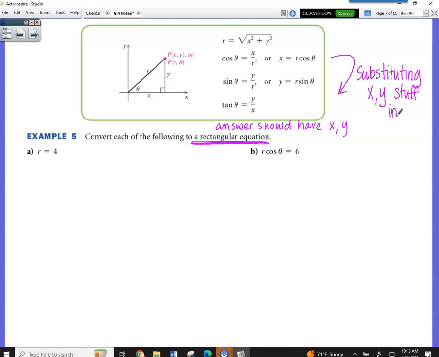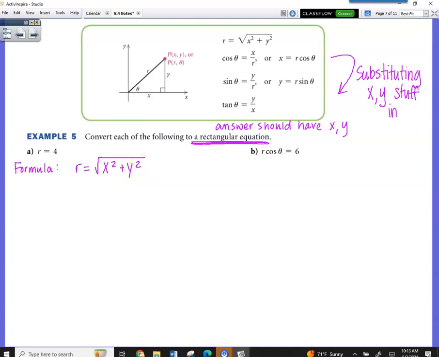So like A says r equals 4. Well, that would be my clue to go to the formula sheet and see what does r mean. What is r in the formula sheet? r is the square root of x squared plus y squared.